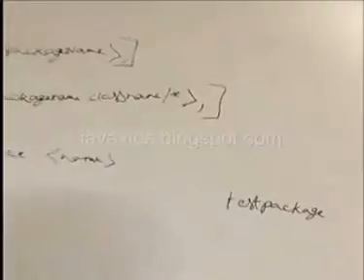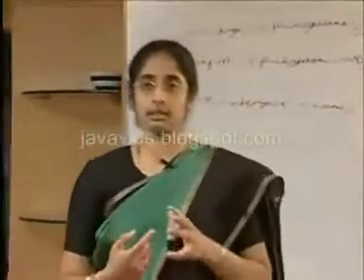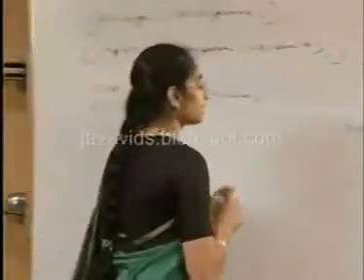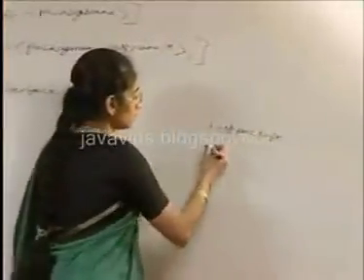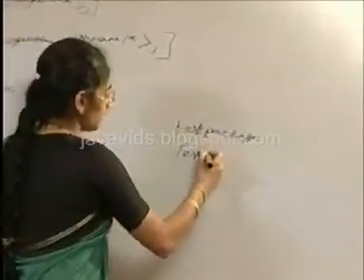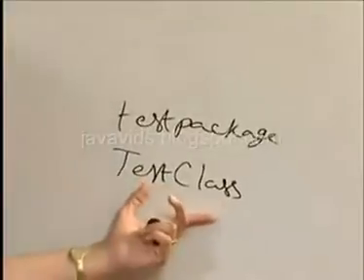Class names or interface names must begin with uppercase, and every word's first letter in the name should be uppercase as well. So for example, if I say TestClass is the name of a class, T of test and C of class in the name TestClass should be capital.